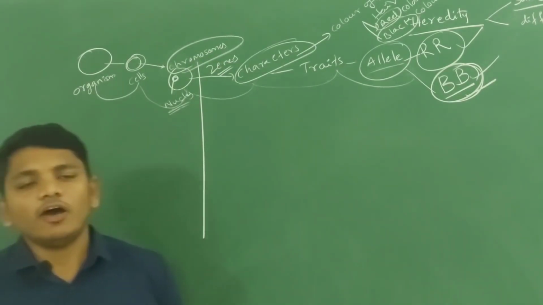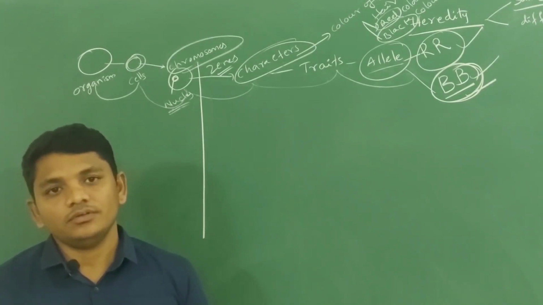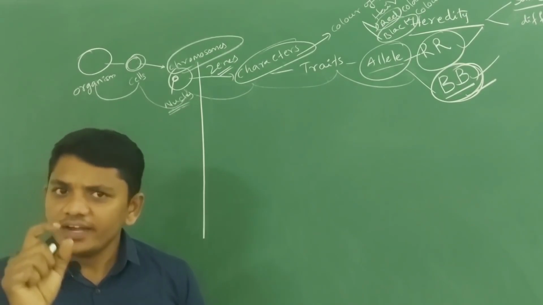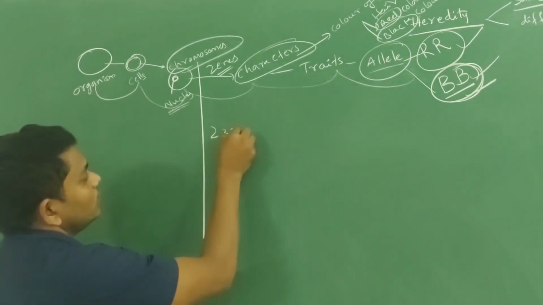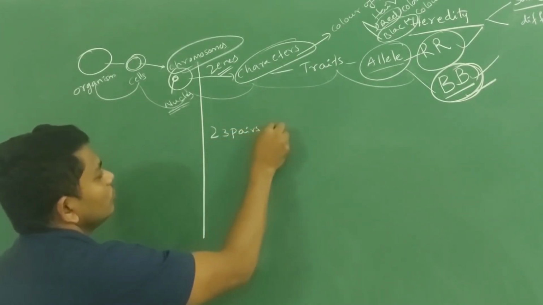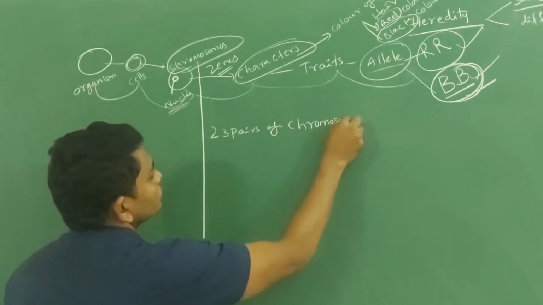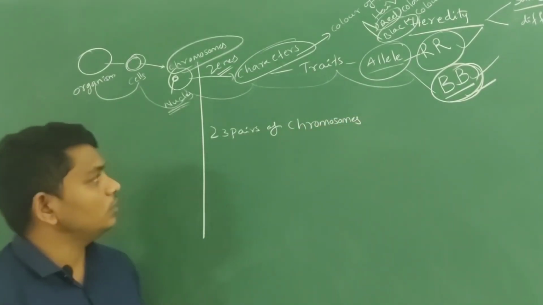Our body contains crores of cells, and every cell contains 23 pairs of chromosomes.